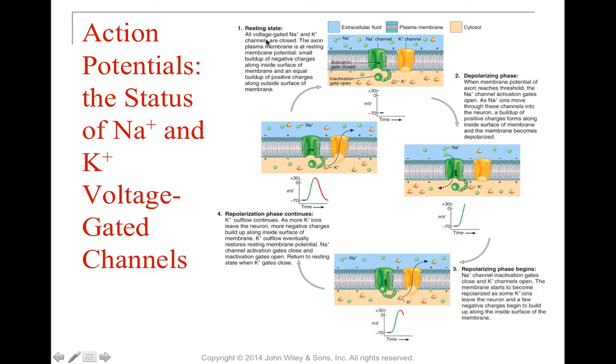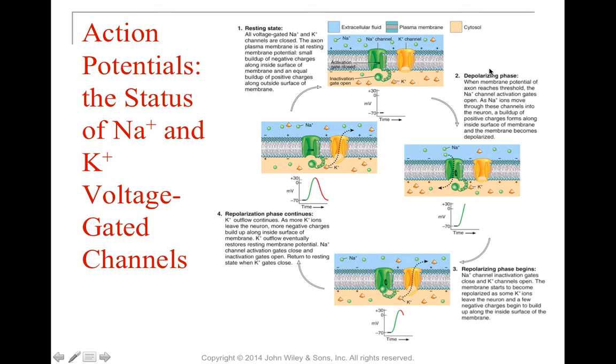Okay? During this time frame, both your sodium and your potassium channels are closed. So both channels are closed. And we're at resting membrane potential. We have a small buildup of negative charges on the inside and a small buildup of positive charges on the outside. Again, that gives us a negative 70 until we get a stimulus.